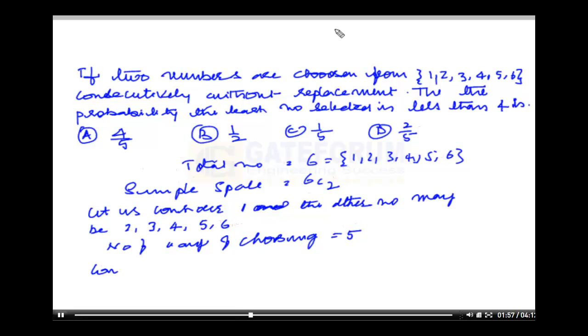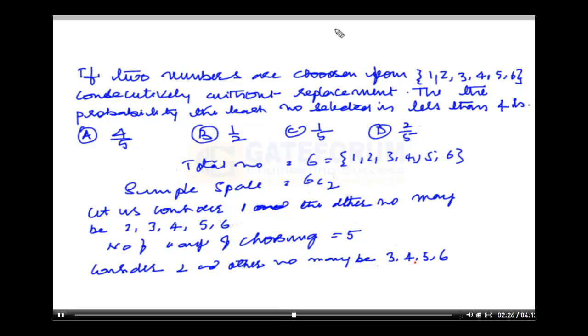Likewise, consider 2, and the other number may be 3, 4, 5, 6.